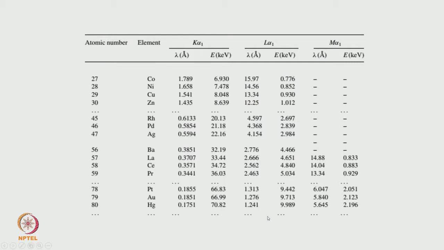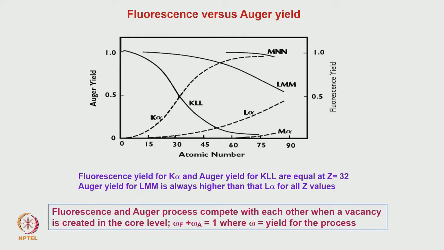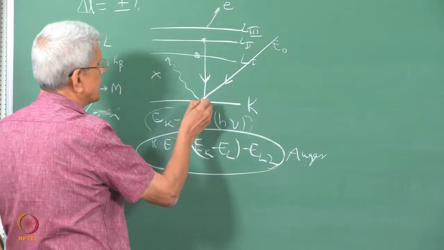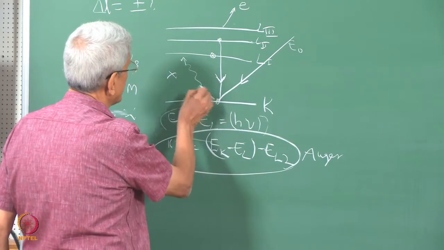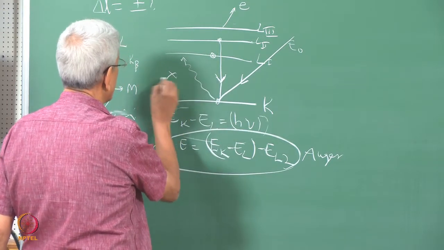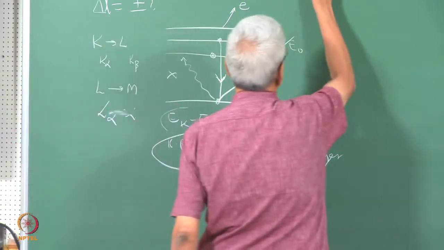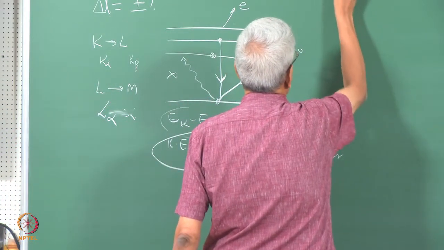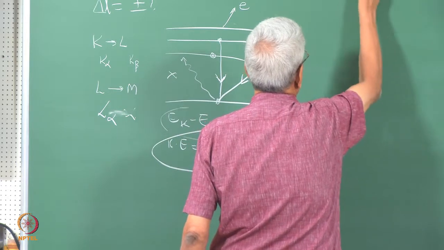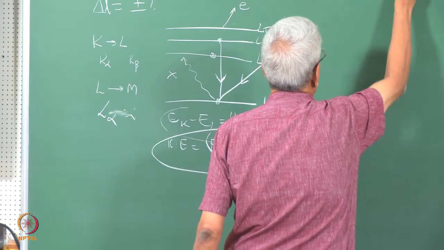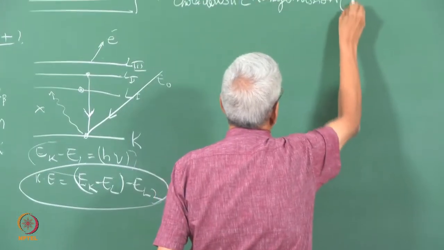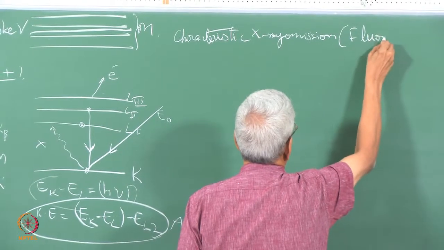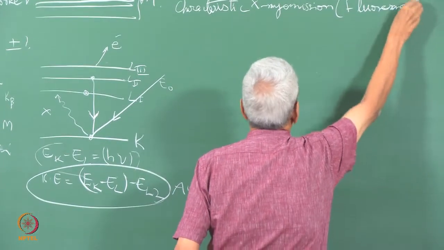Now, as I mentioned, there are two processes by which the atom can come to the ground state. One process is characteristic X-ray emission, which is generally called fluorescence.